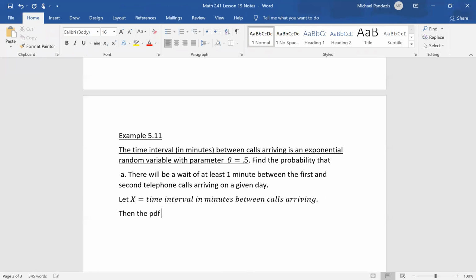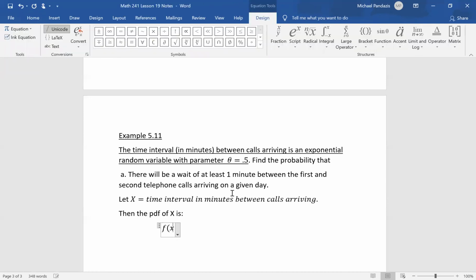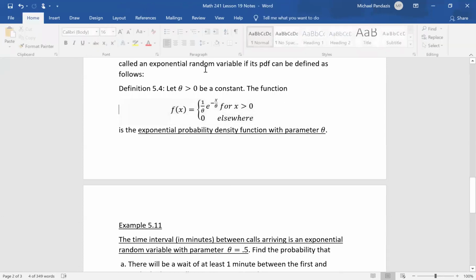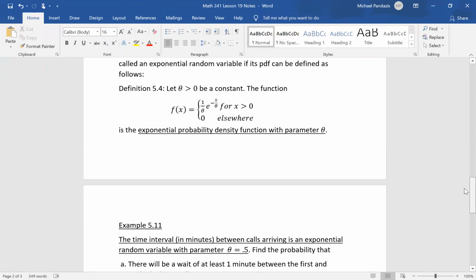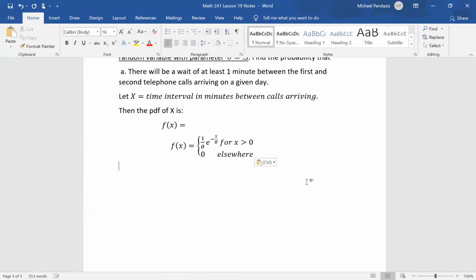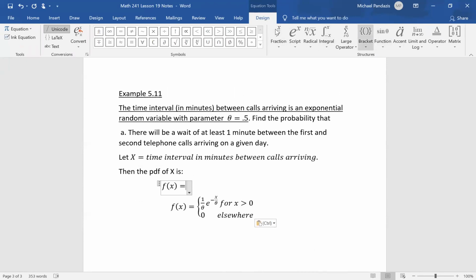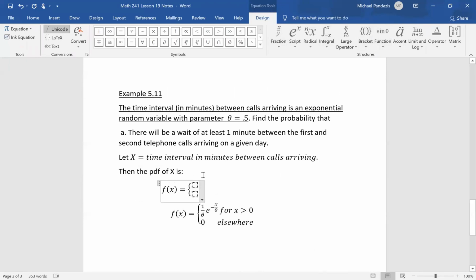Then the PDF of capital X is, well, we have the form from above, right? It's of this form, where theta positive is a constant. So what we want is our function to look like that. So just plug in the value of theta. Theta is 0.5 here.